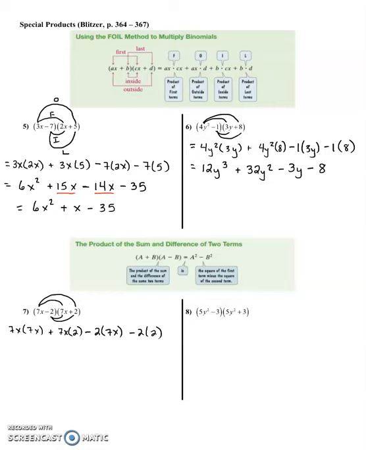So 7x times 7x is 49x squared. You also notice, I hope, that 7x times itself is the same thing as 7x quantity squared.